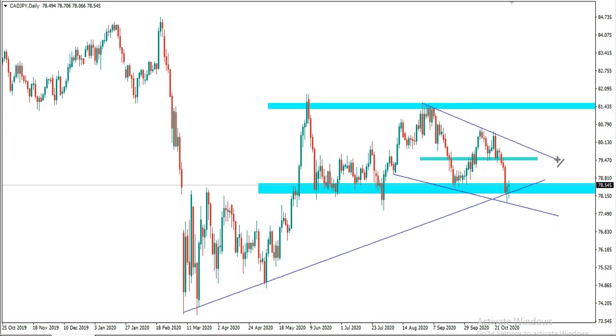So we can see this, and with this we can see that the price is rejecting this area of support. So with this, we can expect at least a bounce to the next daily level of resistance we have, which is at this point here.